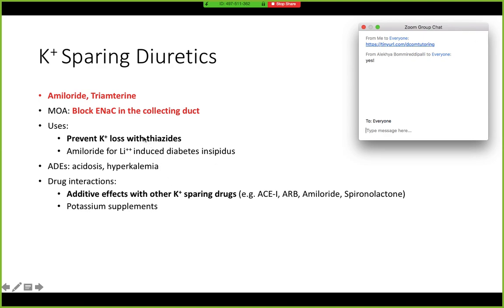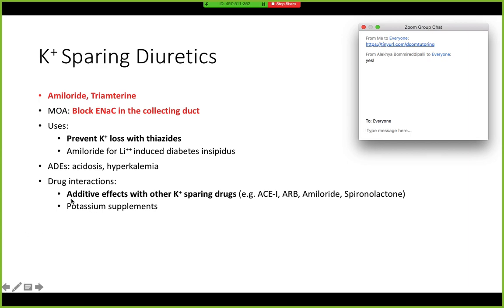Okay, so we talked about acidosis with potassium-sparing diuretics, and also hyperkalemia with potassium-sparing diuretics, and that's because it's working in the collecting duct.